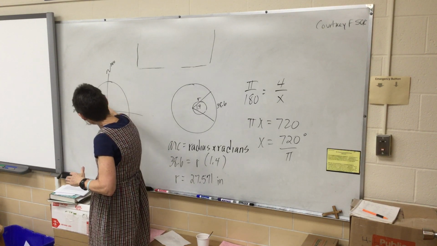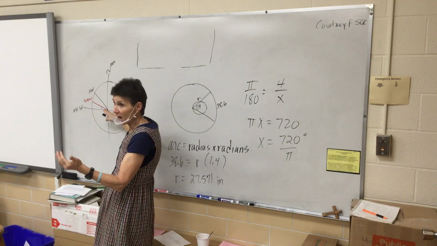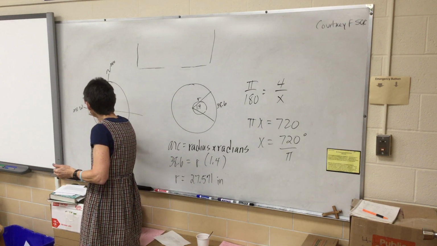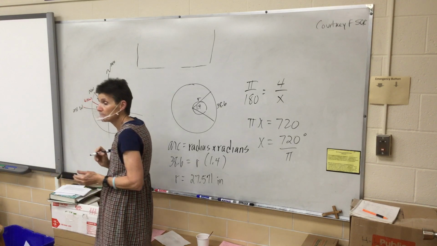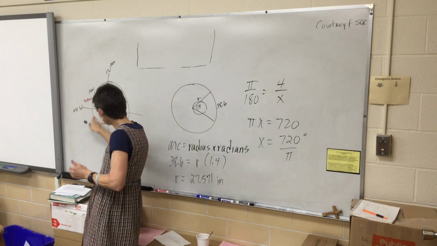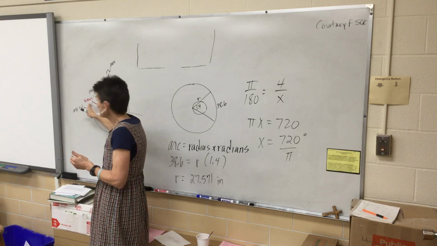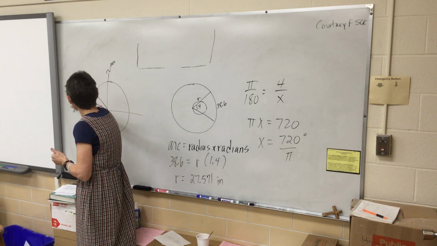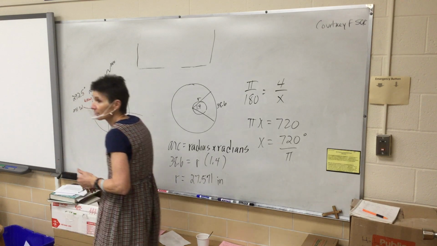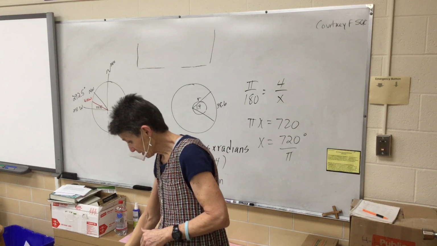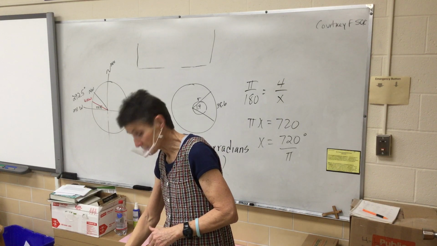So the black line would be 45. And splitting that would be 22 and a half. So I have to go 270 and another 22 and a half. So what is that? 292.5 degrees is our navigational heading for west-northwest.